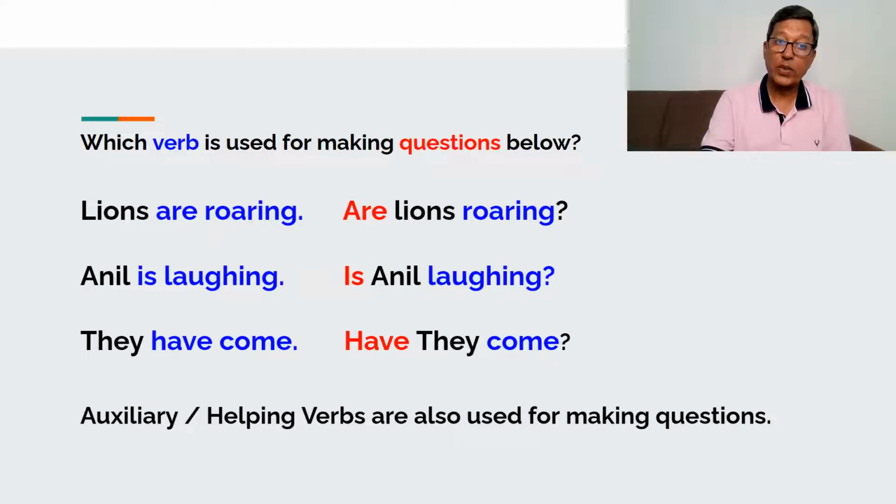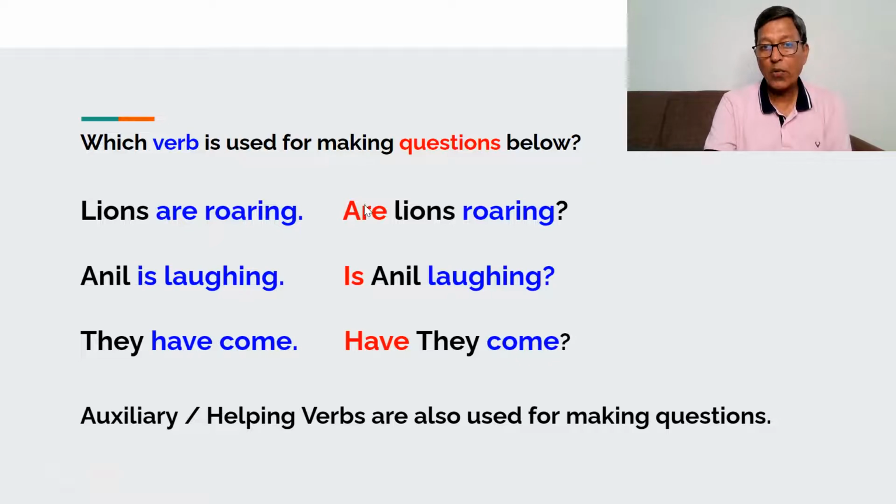Another question. Which verb is used for making questions in the examples here? The examples are the same, of course. Lions are roaring. Are lions roaring? Anil is laughing. Is Anil laughing? And they have come. Have they come?